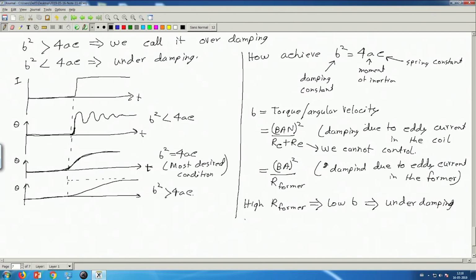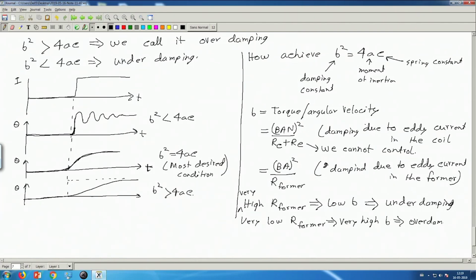If we choose a very low value, then we will have B very high, implying over damping.